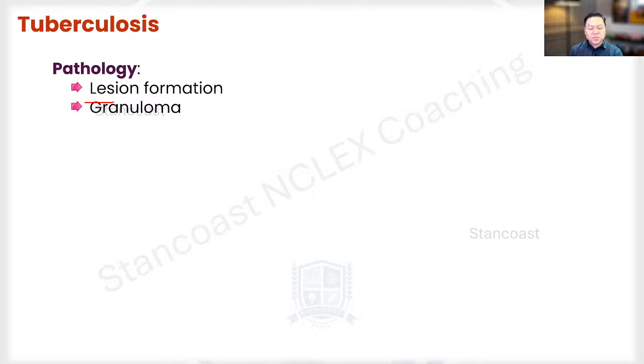It's also composed of fibroblasts and collagen fibers that will encase the bacteria. This is an attempt of the body to prevent the microorganism from spreading further into other body sites. Now, inside the granuloma, the bacteria can remain dormant, or inactive, or they can also grow slowly.